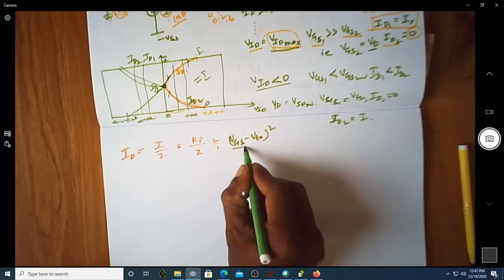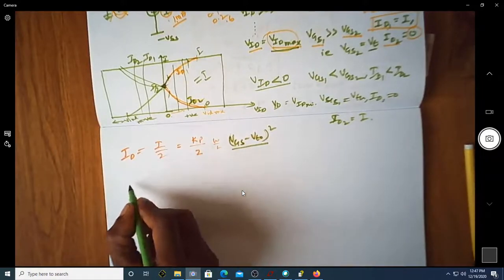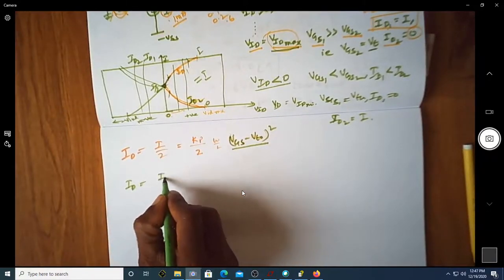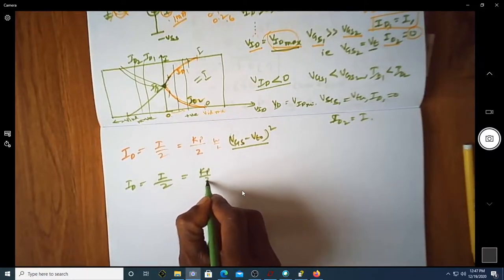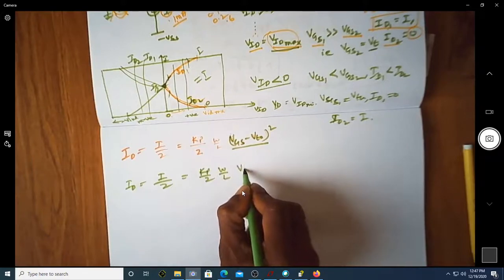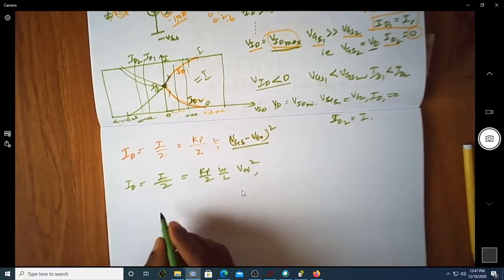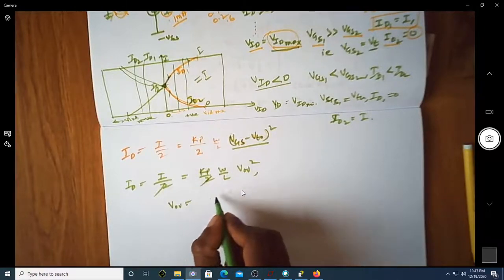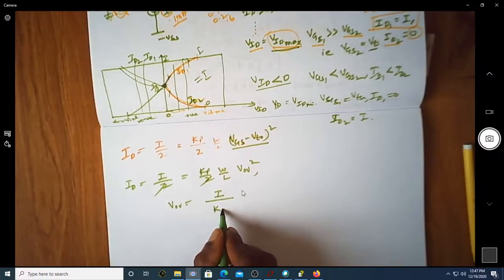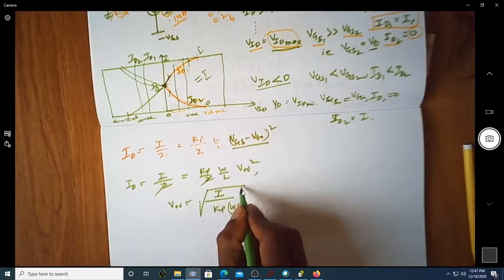We know that this is nothing but VOV. I will write ID equal to I by 2, which is equal to Kp by 2 W by L VOV square. From which I can write VOV, the 2 and 2 will go off: VOV is equal to the square root of I divided by Kp into W by L.